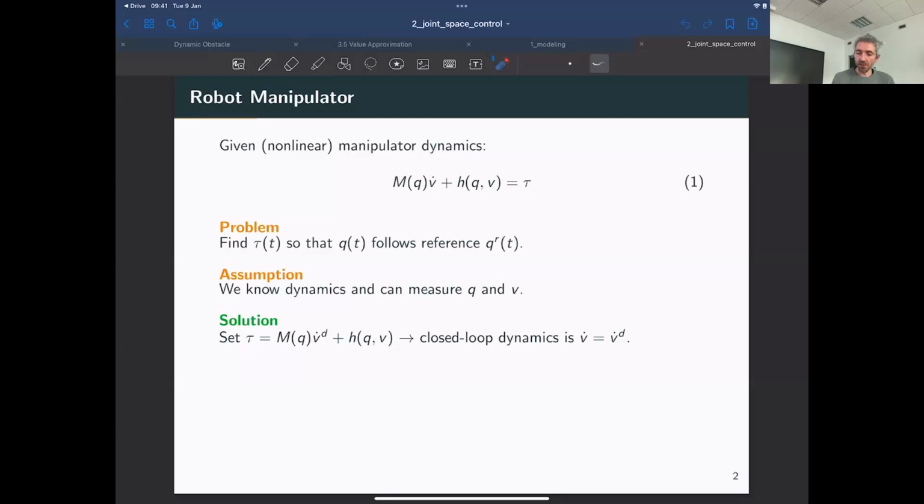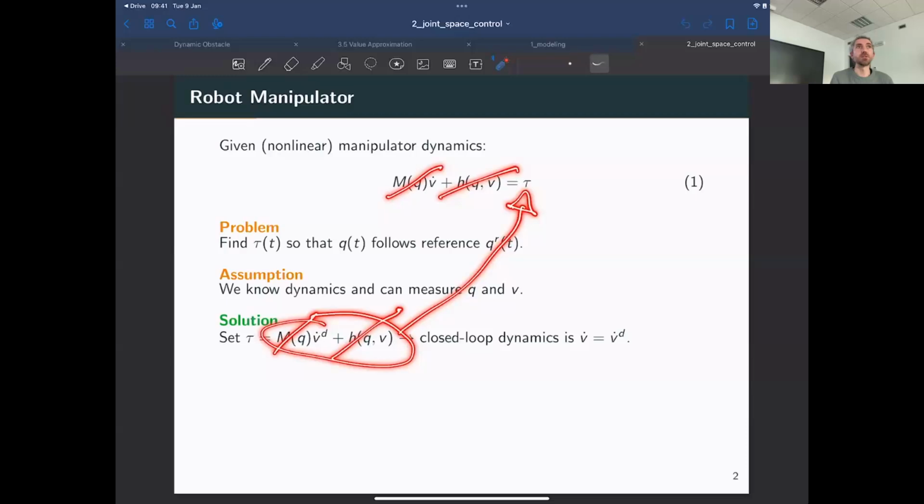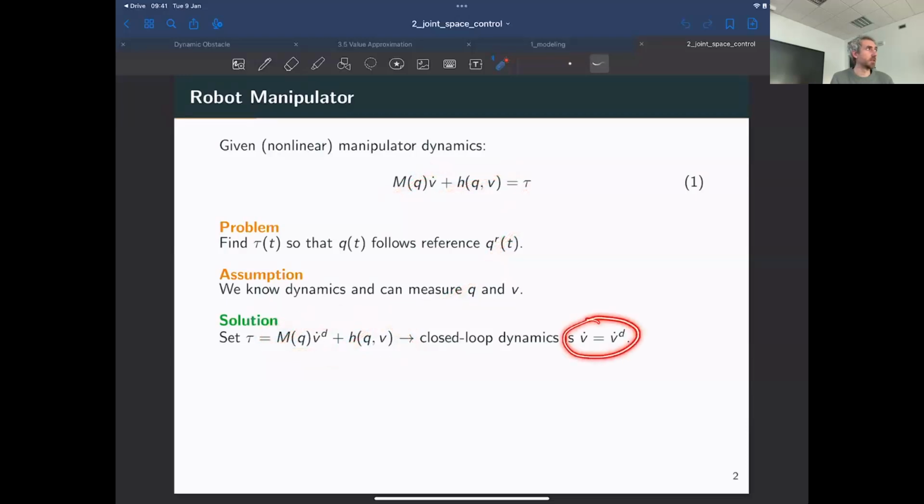So of course, if you substitute these expressions there, it is trivial to see that the result is that v dot is going to be equal to v dot desired, because h cancels with h, and the mass matrix M is always invertible because it's a positive definite matrix. So you can also multiply both sides times M inverse, and you get simply v dot equal v dot desired.